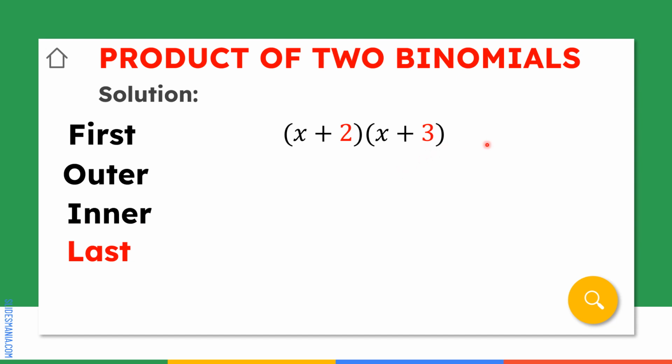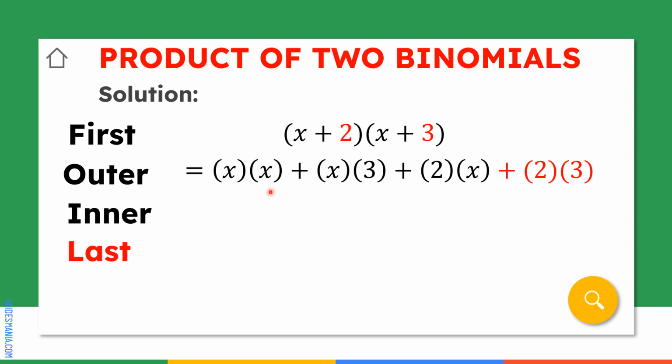The last terms are the last terms of each binomial. So for the first binomial, the last term is 2, and for the second binomial, the last term is 3. So we multiply 2 times 3. So there we have it. We have written and solved for the partial products of our two binomials. And we did it systematically using the FOIL method.